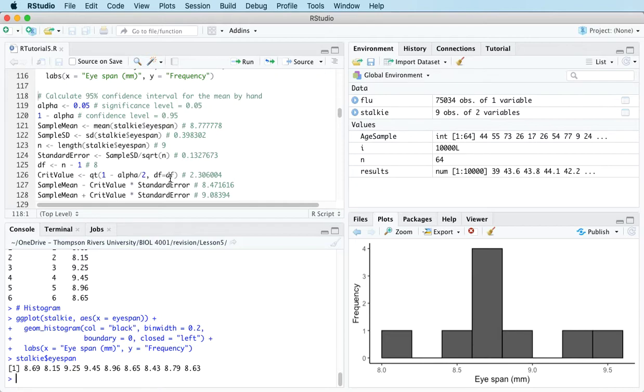And a t-distribution looks very similar to a normal distribution, so it still has that classic symmetric bell shape, but there's very subtle differences, particularly in the tails. The tails tend to be a little bit fatter, so there's a little bit more probability out in the tails than there is with a normal distribution.